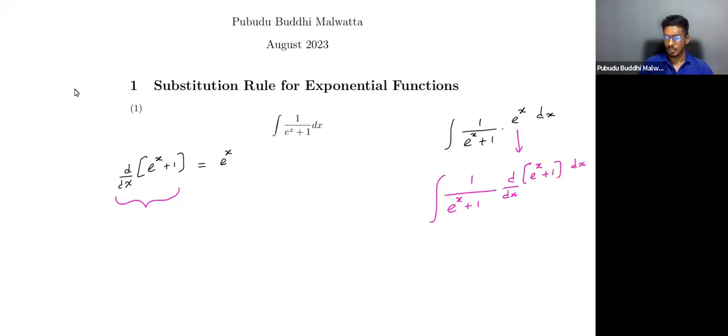Hence, we can use u equals exponential x plus 1. But we can't do that because I don't see an exponential x term inside this integral. So therefore, let's try to build something like that.